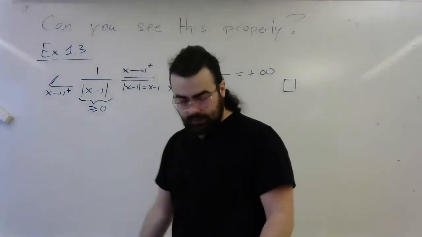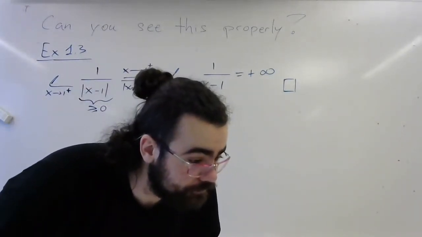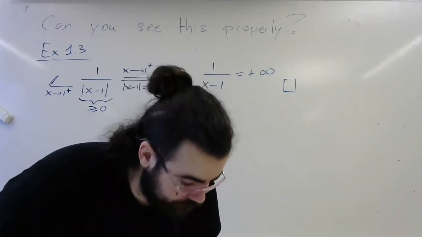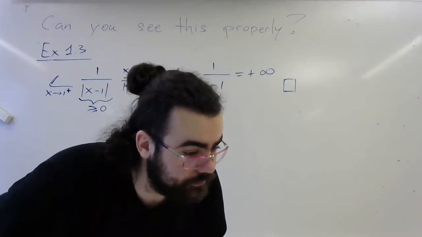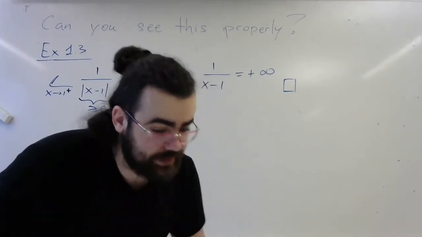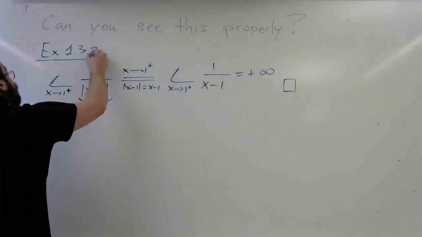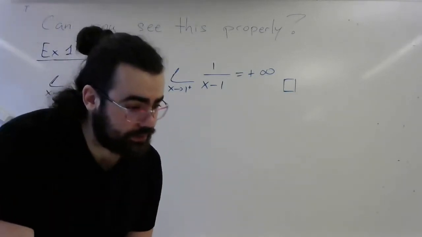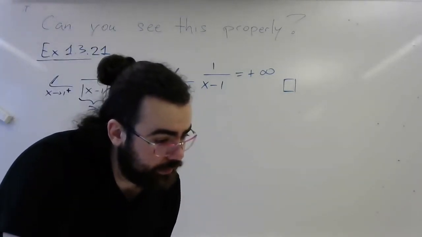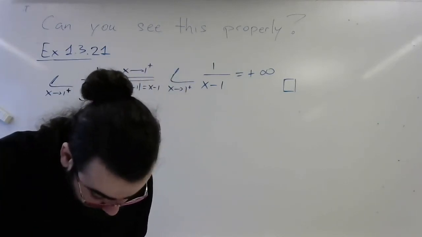Great. Which example is this? This example is number 21 from section 1.3. It's the last exercise from section 1.3 that we'll be covering, but now we're moving to section 1.4 that talks about continuity.